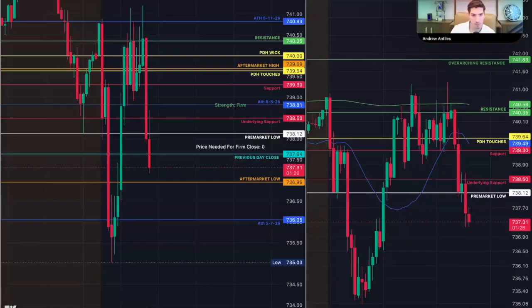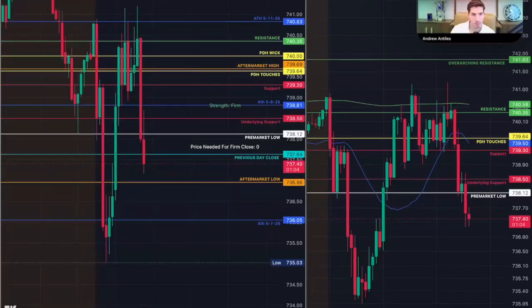Stop to 160. Come on, come get lows of the day.